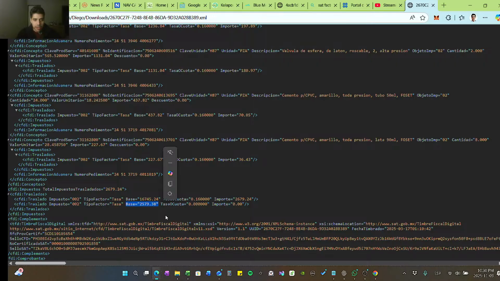How am I going to make the automation understand the difference between this base and this base? They are both super similar. The two of them have the same code. The two of them have the same description.